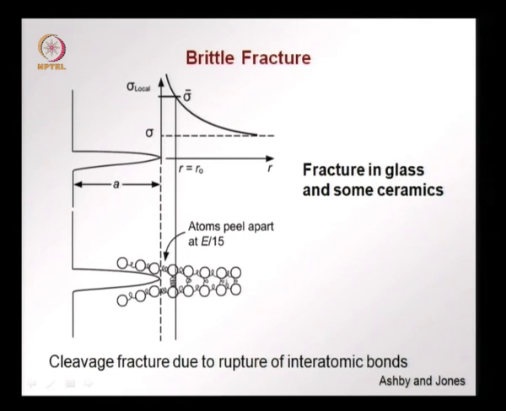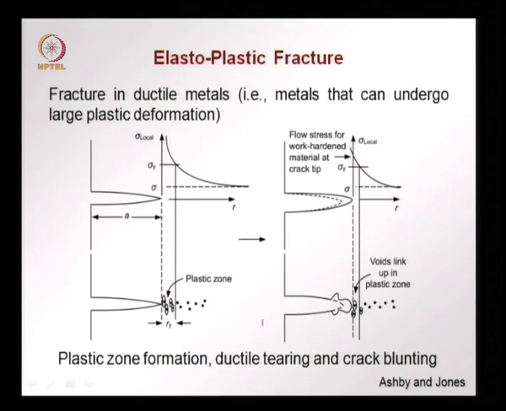We have the atomic bonds, and if we go back to the Condon-Morse diagram, we know that there is a maximum attractive energy that is keeping the bonds together. When we stretch the bonds, as the crack is opening, it is stretching these bonds, and there will be a time when the bond energy is surpassed and the atoms peel apart, the bond breaks, and the crack now starts to extend. This is called cleavage fracture, which occurs due to the rupture of the interatomic bonds themselves.